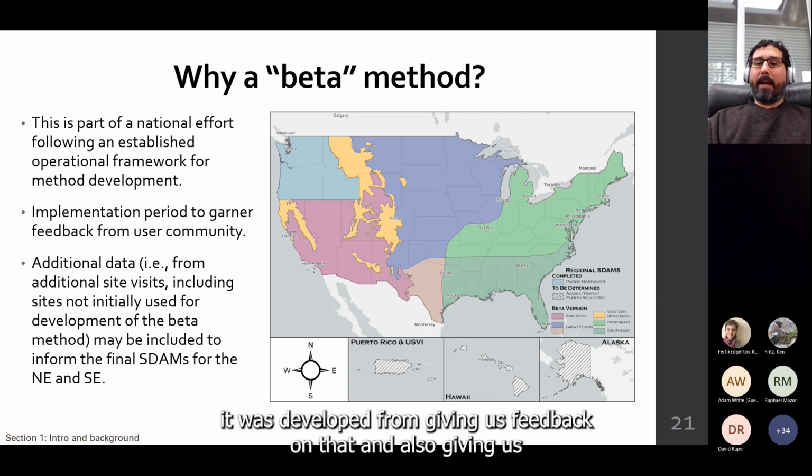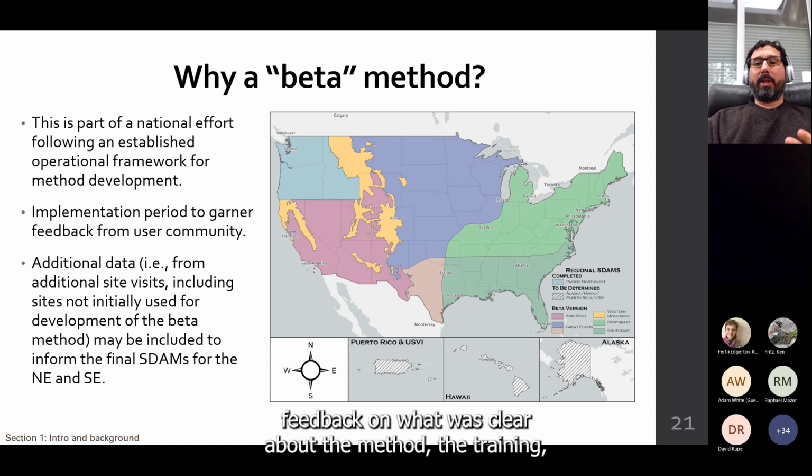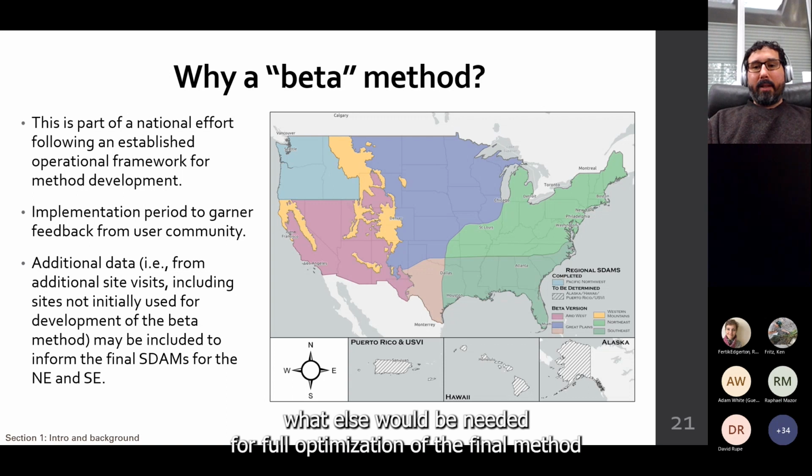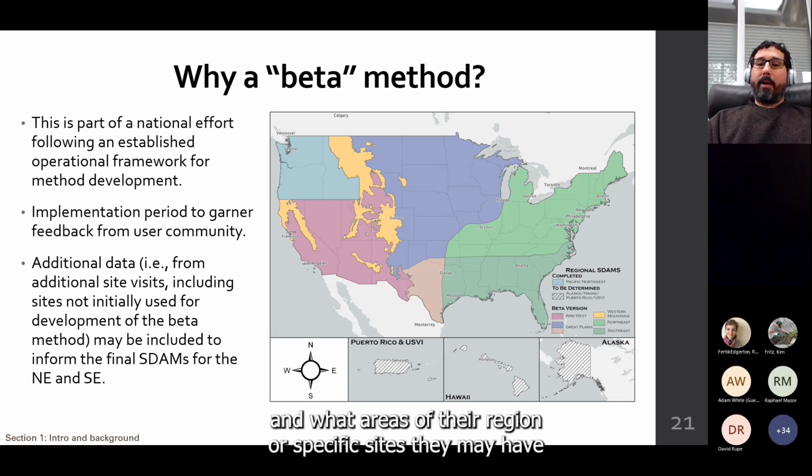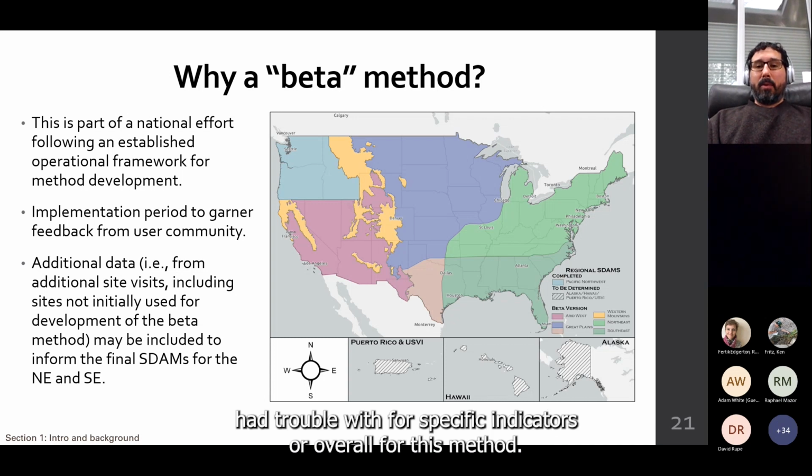Giving us feedback on that, and also on what was clear about the method, the training, what else would be needed for full implementation of a final method, and what areas of their region or specific sites they may have had trouble with for specific indicators or overall for the method.